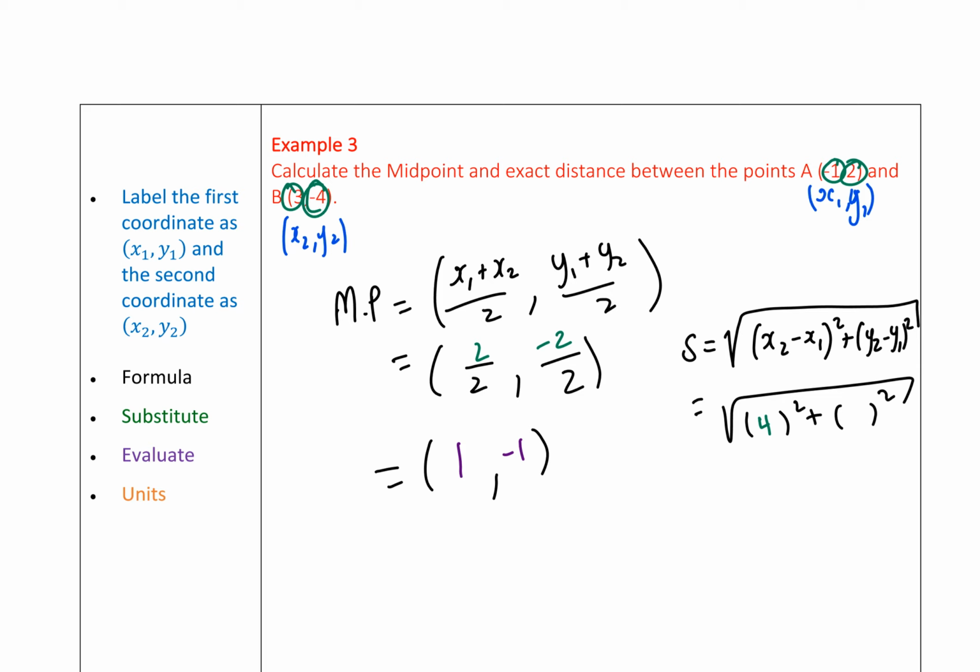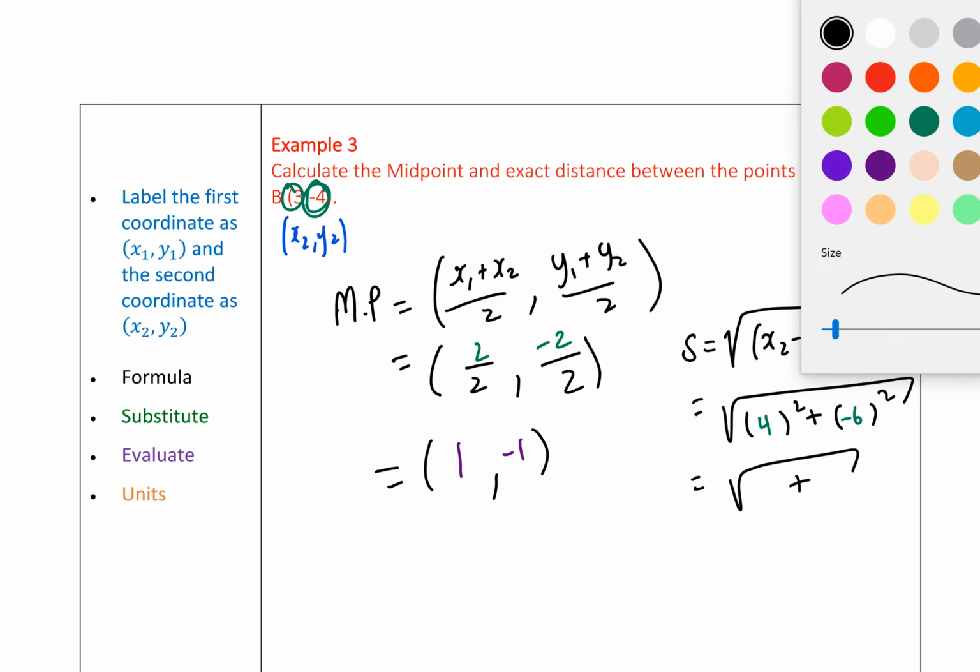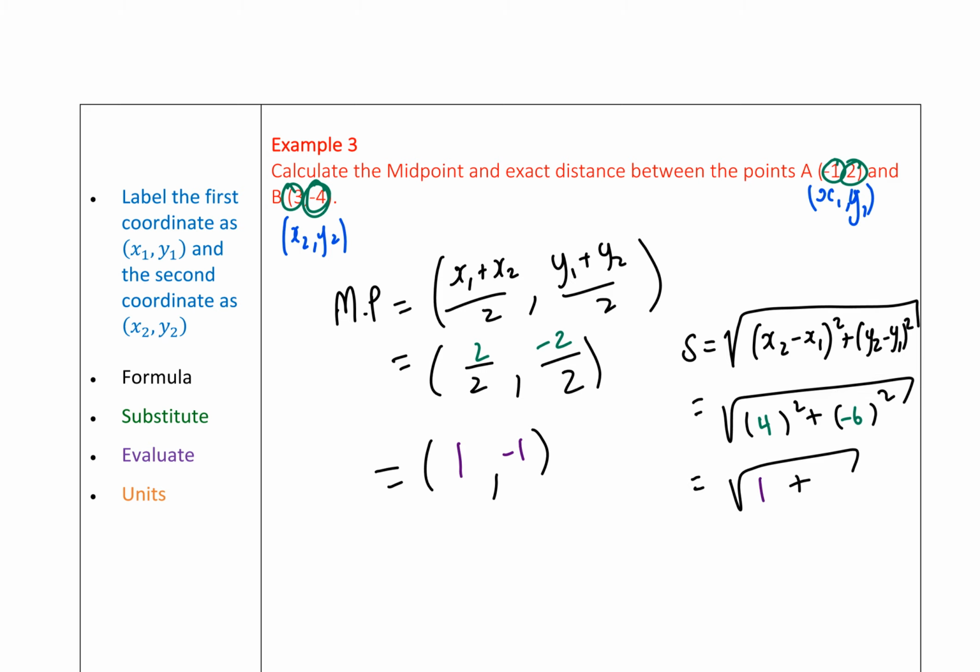And y2 was negative 4 minus 2 is negative 6. And so we end up with the square root of 16 plus 36. So we can evaluate this. 4 squared is 16, negative 6 squared is 36.